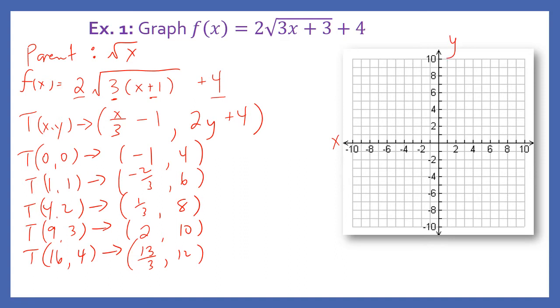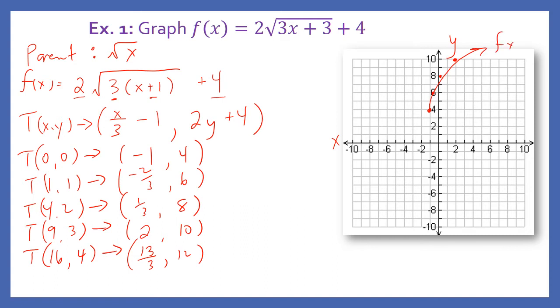X and Y, plot our points, -1 and 4, -2/3 and 6, roughly there, 1/3 and 8, roughly there, 2, 10. We don't really need the other one. So there's our graph. Don't forget to label it.